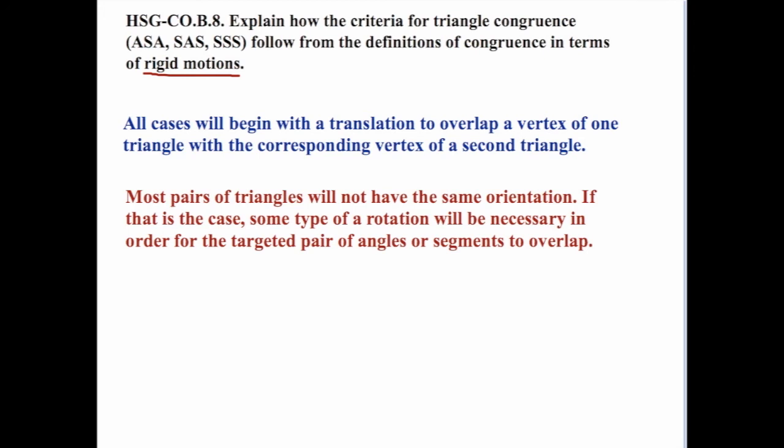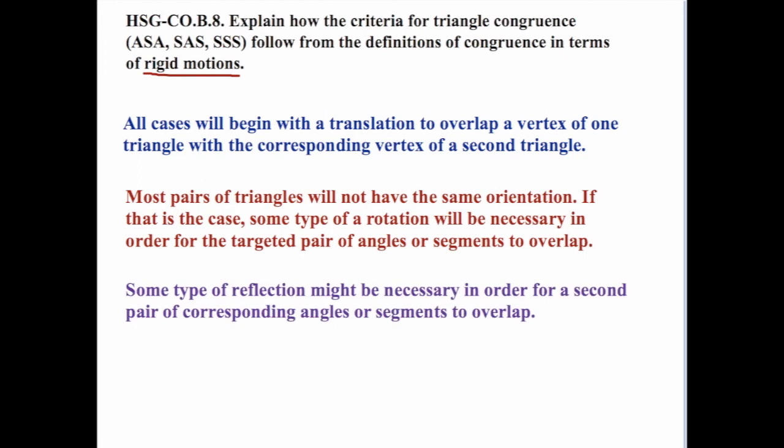If that's the case, then some type of a rotation will be necessary in order for the targeted pair of angles or the targeted pair of segments to overlap. And once you have that first pair of angles or that first pair of segments overlapping, you more than likely will need some type of reflection for a second pair of corresponding angles or a second pair of segments to overlap. So you might need to do all 3 types of transformations.